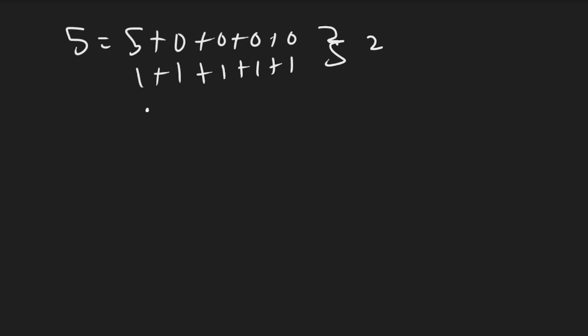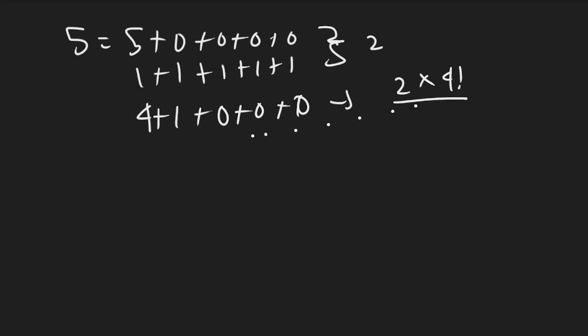It can also be expressed as 4 plus 1 plus 0 plus 0 plus 0. For this one, we have two choices, times 4 factorial divided by 3 factorial for the repetitions. We'll calculate these afterwards, but we'll just lay down all the cases first. Next, we have 3 plus 1 plus 1 plus 0 plus 0.